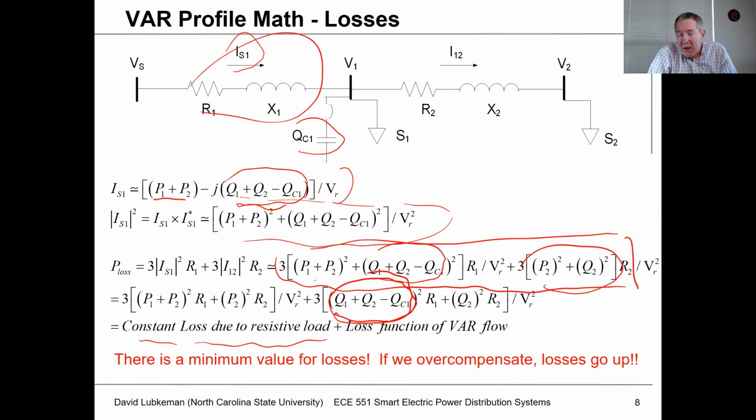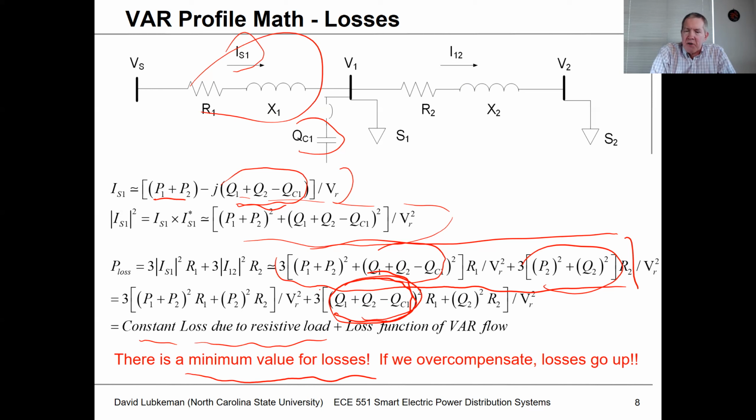All right. So you can see that by changing QC1, if I can get that to cancel out with Q1 and Q2, then I could actually reduce losses. So note there is a certain minimum value for losses. I can't set losses to 0, obviously. I'm going to have some minimal loss. However, if I compensate properly, I can at least minimize the losses.